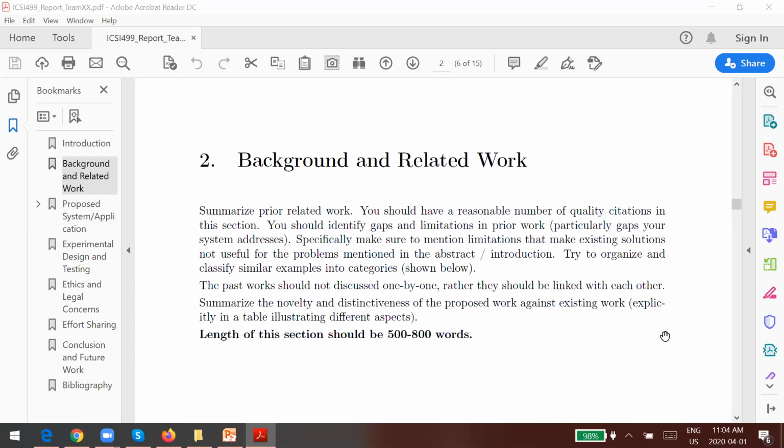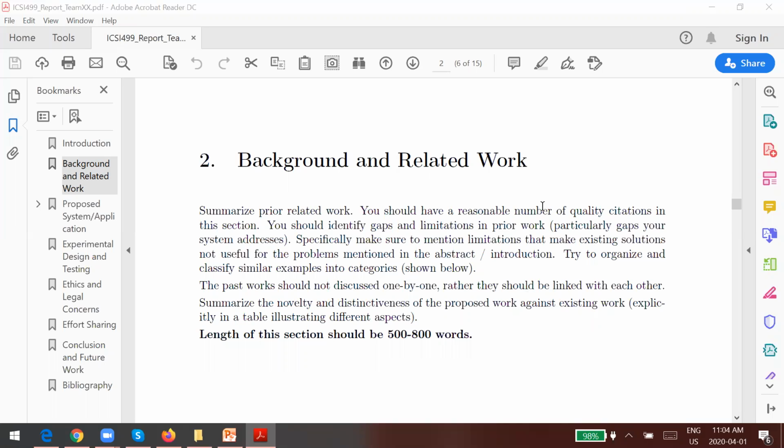If, let's say, you would have done some other project in the previous classes, in the previous semesters, and now you are using that project in this project, that will fall in this category, that you had your own previous work earlier.